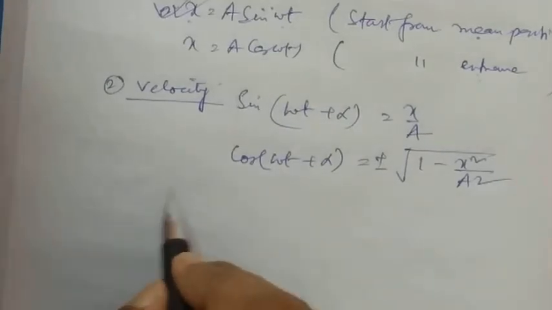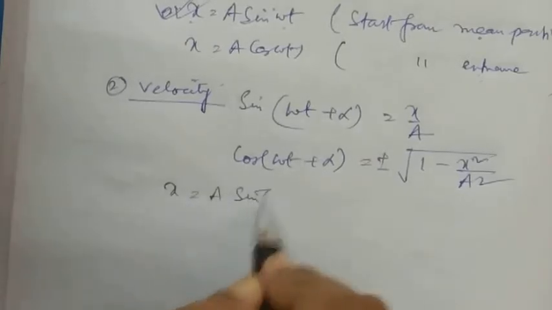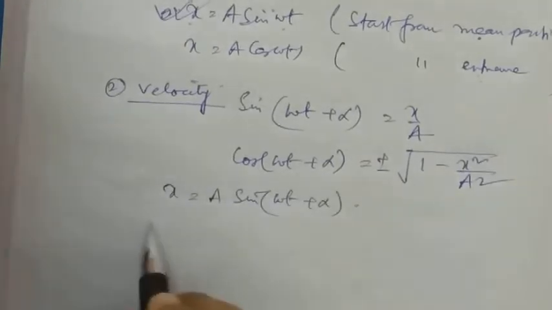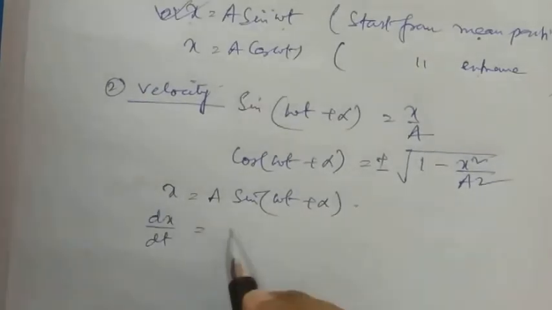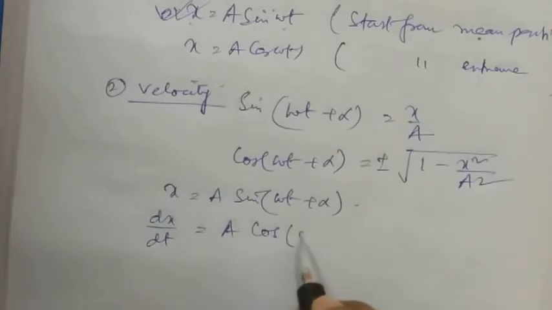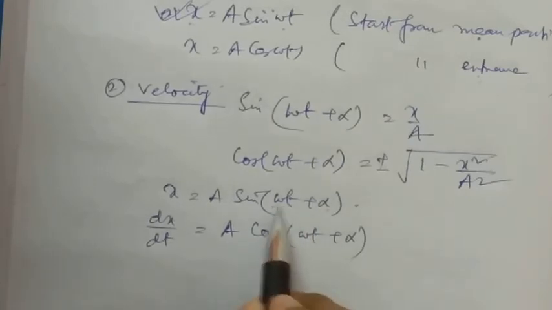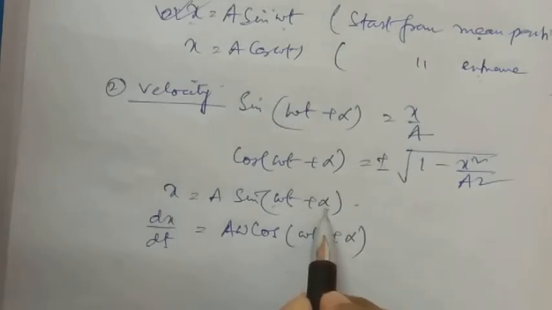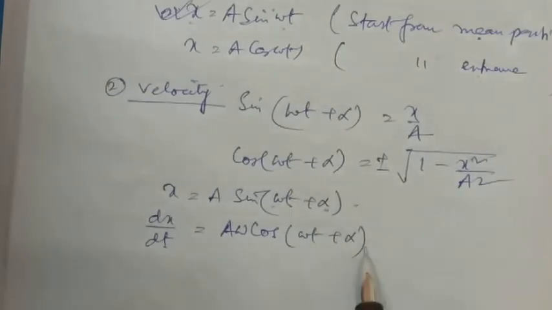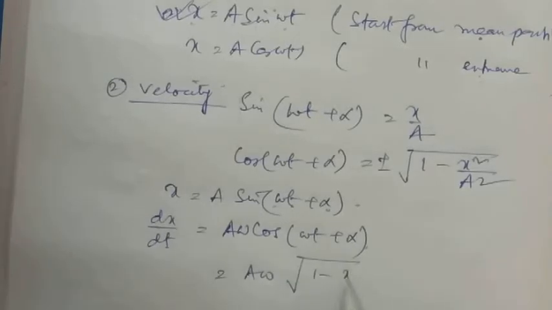Now the expression for the displacement is x is equal to a sine of omega t plus alpha. If we take the derivative of this equation with respect to t, the sine becomes cos of omega t plus alpha, and the derivative of omega t with respect to t is omega, while alpha is a constant, so its derivative is 0. So we get a omega cos of omega t plus alpha. We have already found the value of cos of omega t plus alpha, so we replace it with plus minus root over 1 minus x square by a square.